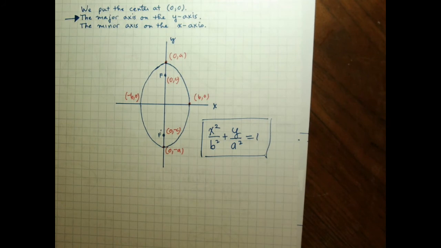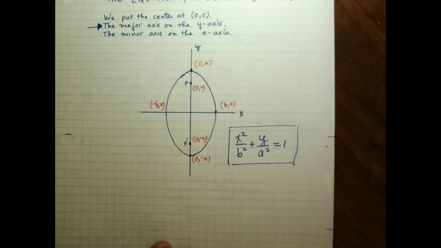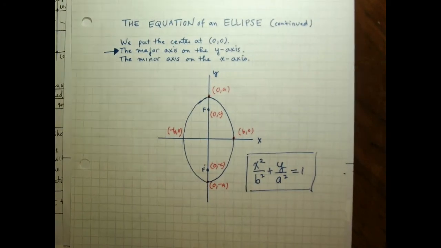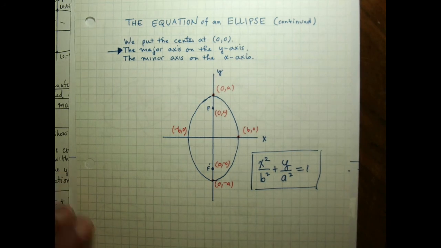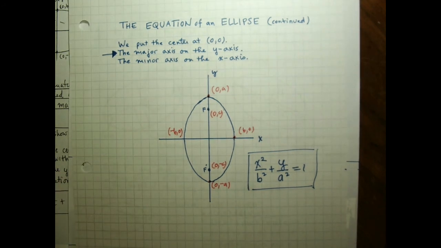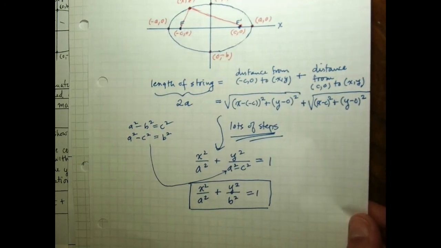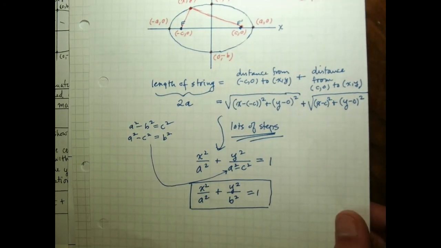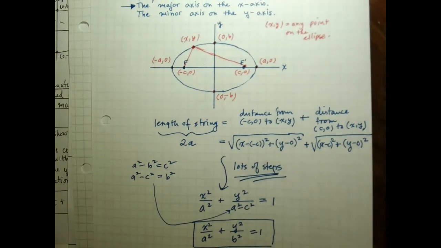We just have to be aware of the fact that in this situation, the major axis is on the y-axis, and we'll be able to recognize that fairly easily in problems. So I'm ready to stop with this portion, where we derived the equation when the major axis was on the x-axis and when the major axis is on the y-axis.